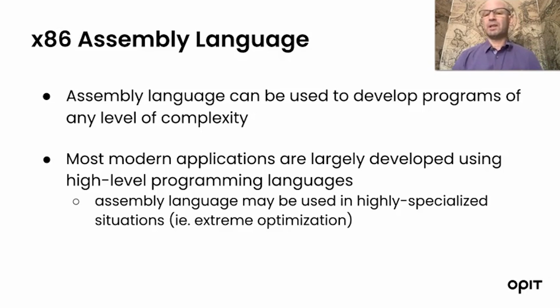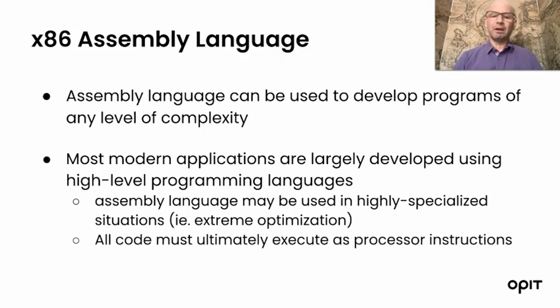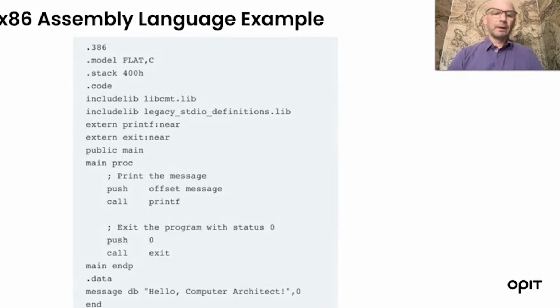So maybe you have a particular processor on maybe an IoT device, an Internet of Things device, and you want to maximize what can go on a particular small, resource-light device. So our code must ultimately execute its processor instructions, right? So if we start with very small instructions, then we can fit basically more instructions per finite space.